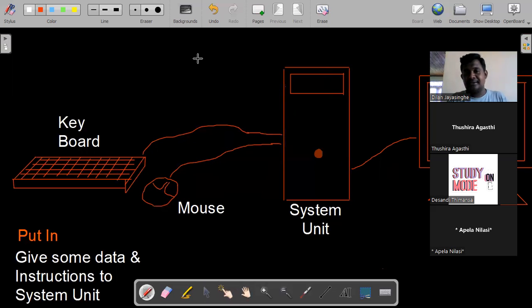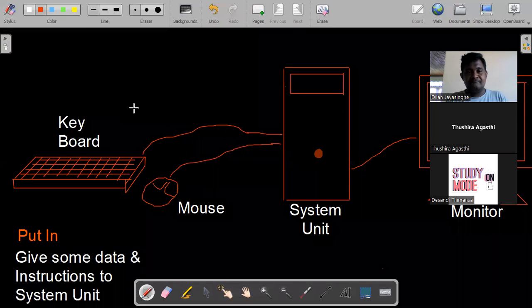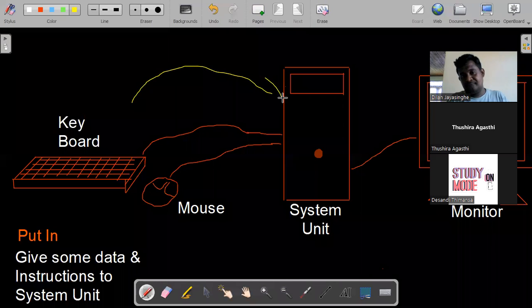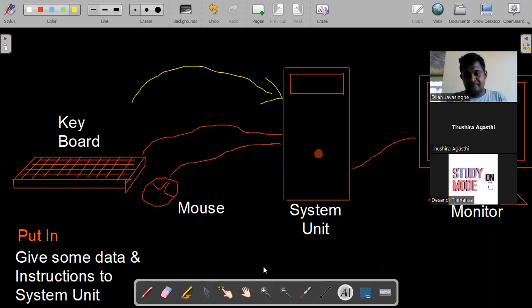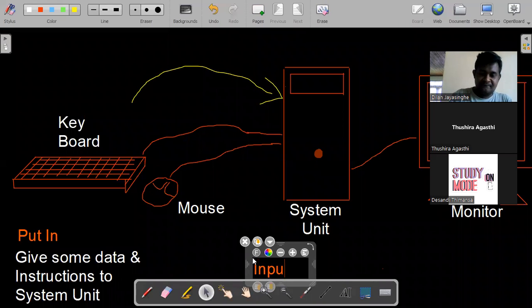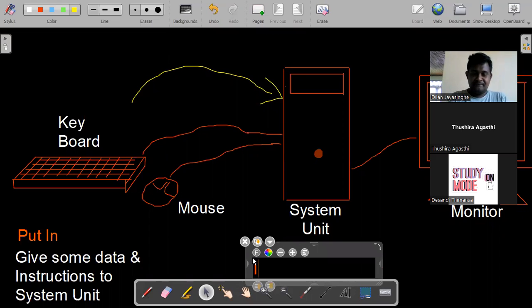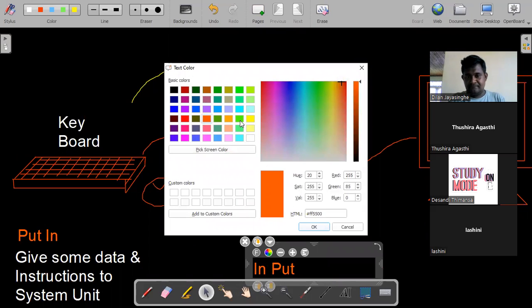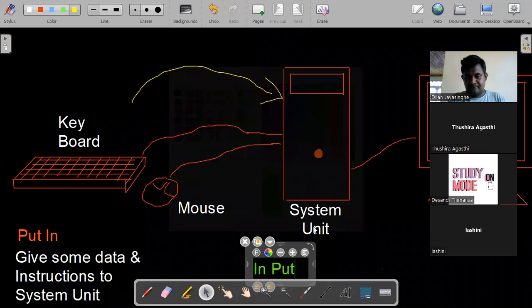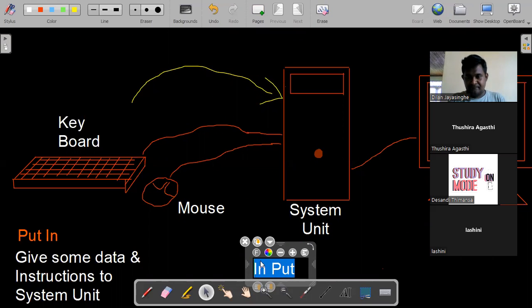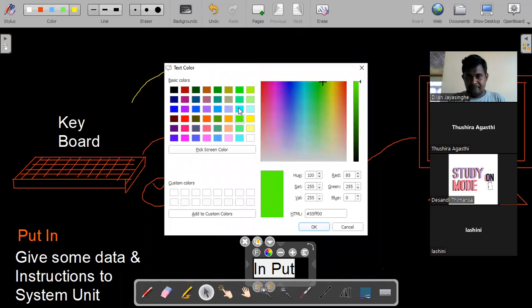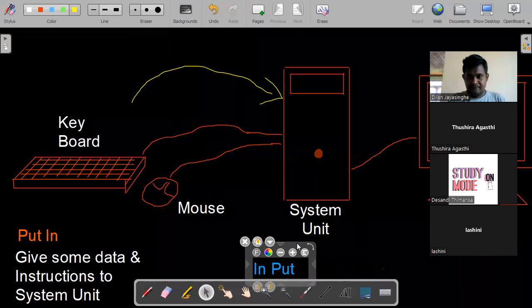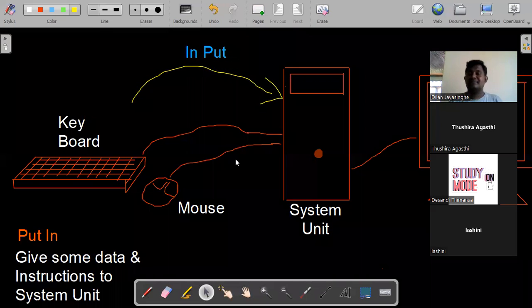As well as we can say input. Put in, input.